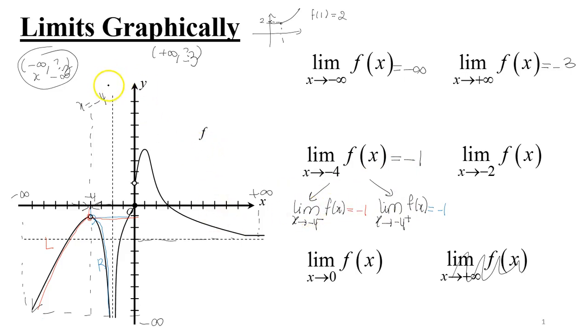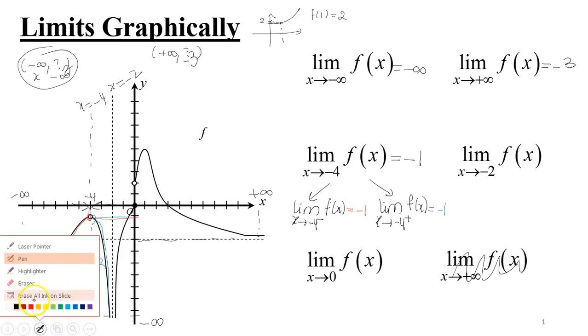However, if we were to do exactly the same thing now for x equals -2, the vertical line x equals -2 is already drawn. So all I have to do is point out the parts of the curve to the left of -2 and to the right of -2.